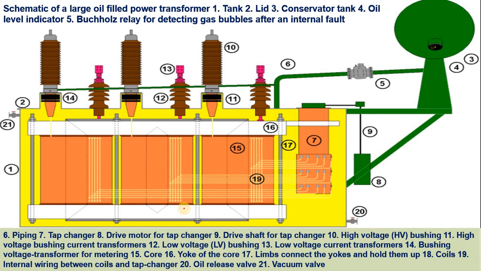So here you can see the internal structure of the transformer, how it looks inside. First is the transformer tank, the outer tank, denoted here as number 1. Second are the connecting leads. Third is the conservator tank.